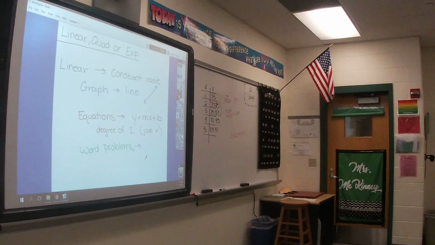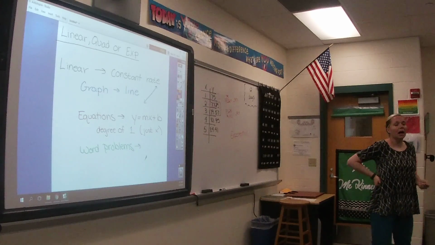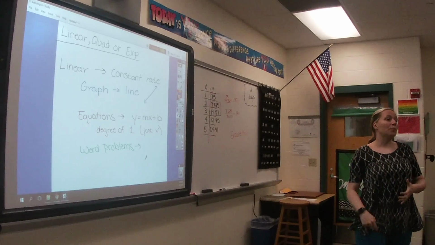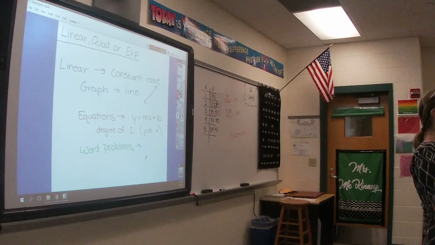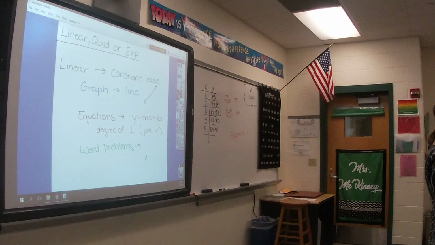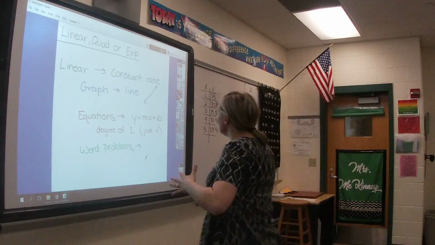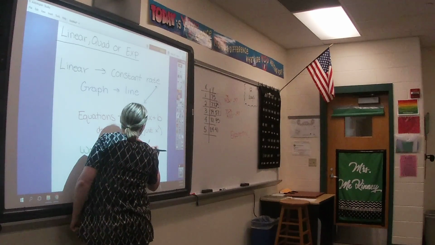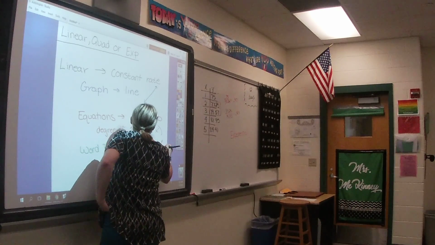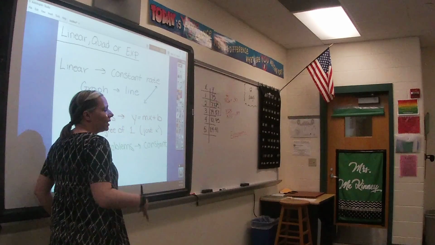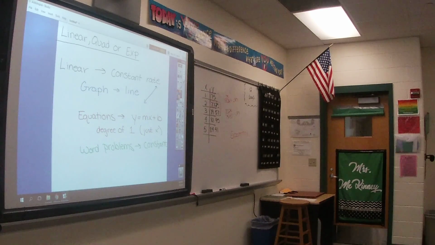Is that linear? No. Why not? Because it's not a constant rate. They all fall back on this idea that the proportion of the building shadow to a tree shadow has to be a constant comparison. So we have something in the story problem telling us there is some type of constant relationship happening.